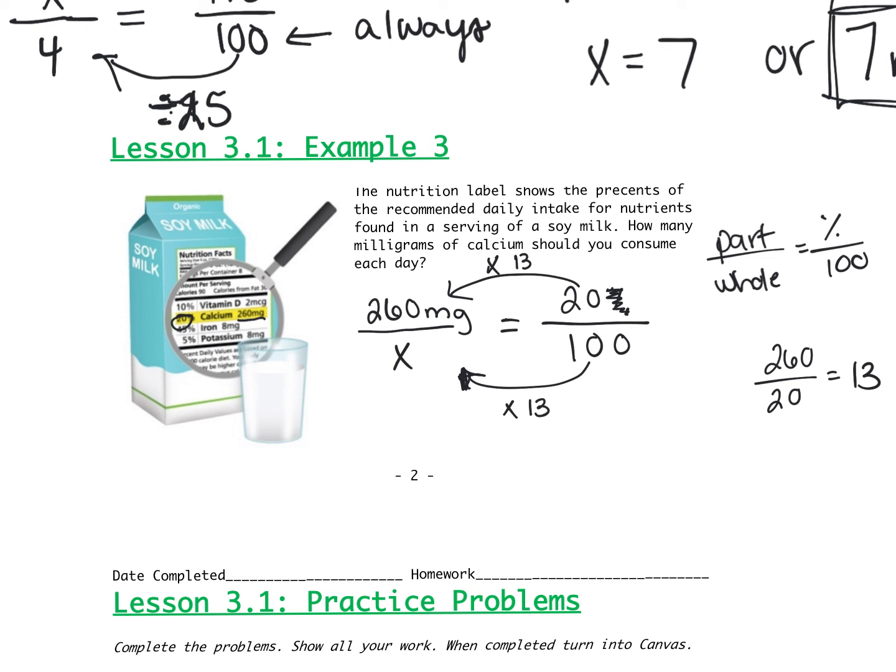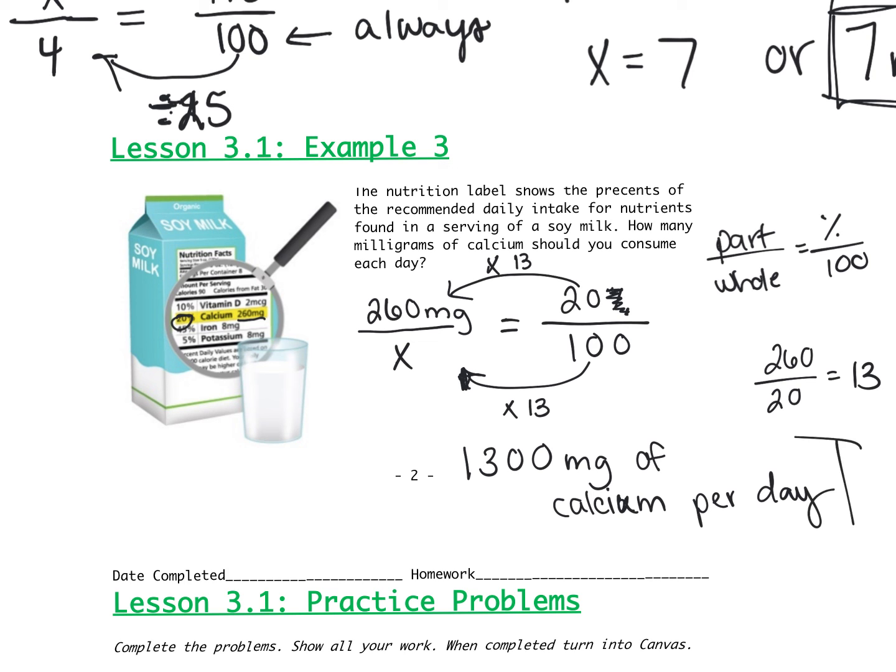So for your daily amount, you should be getting 1,300 milligrams of calcium per day, because 100 times 13 is going to give us that 1,300.